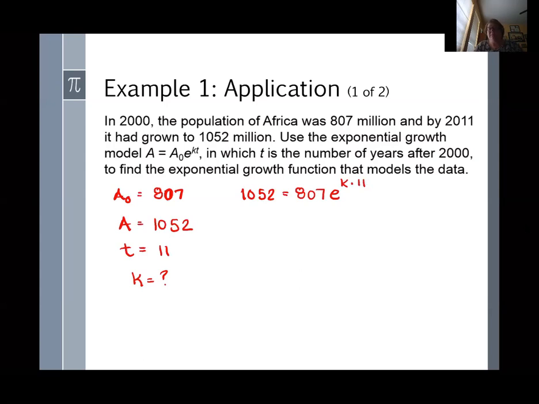Now we have an exponential equation we can solve. To solve an exponential equation, you're going to isolate the exponential on one side of the equation. So on the right-hand side of this equation, I need to get rid of the 807. And I can do that by dividing both sides by 807.